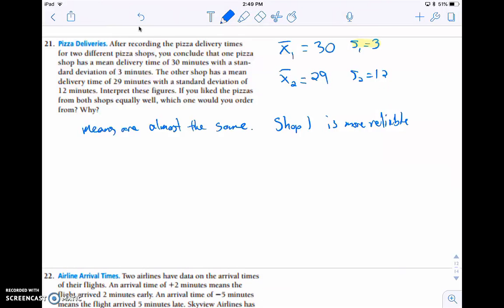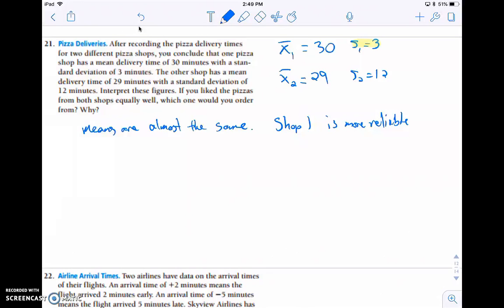And if you go 2 standard deviations above, 36 is a high, and down to 24, that's going to include a plethora of your data. So it's more reliable because that standard deviation is much smaller, meaning our data is much more clustered together. So if you're looking for a more reliable delivery time, you would go with shop 1.